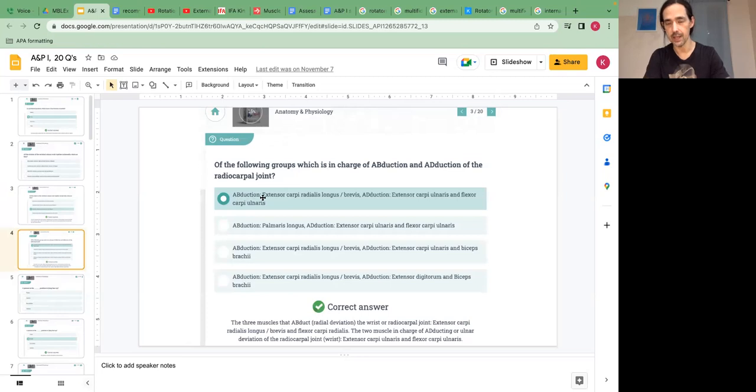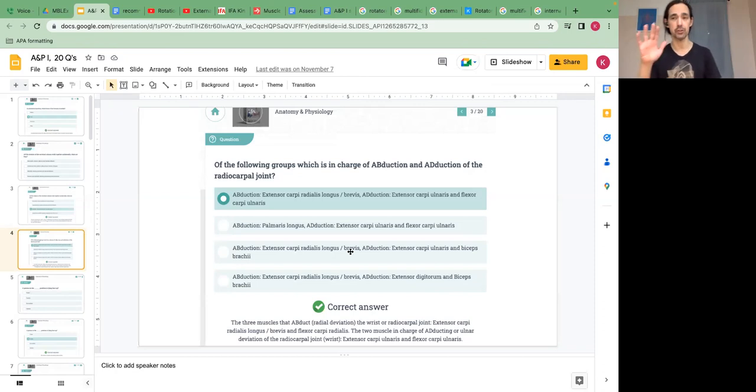It's the extensor carpi radialis longus and brevis for abduction. And for adduction, it's the extensor carpi ulnaris and flexor carpi ulnaris. And then the other choices, look at them, are palmaris longus for abduction, and so on. I'm not going to read them all.